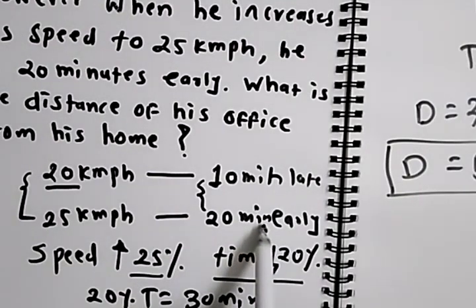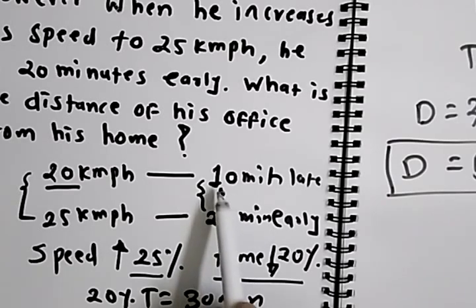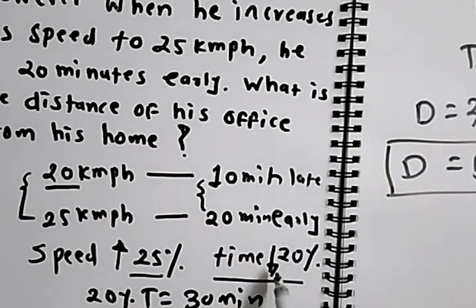That means now he is reaching at 10:40. He was supposed to reach at 11, but he is reaching at 10:40. So previously he was reaching at 11:10. Now he is reaching at 10:40. That means the time difference is 30 minutes. Time is decreased by 30 minutes.